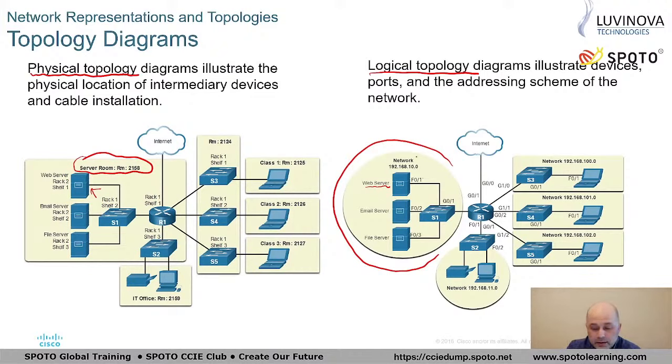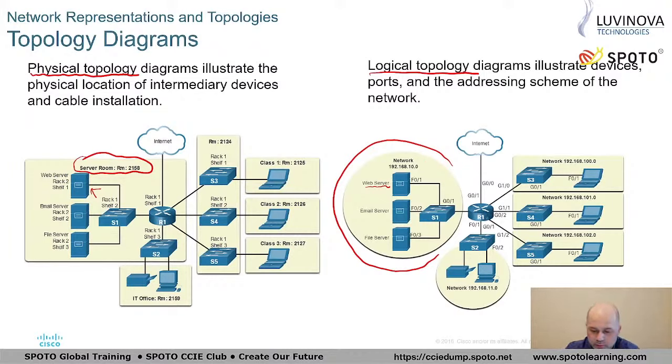And of course, the network address of the entire network. Of course, you can also put every single IP address of every single interface, but the map will be really detailed, and sometimes it's not necessary. It's going to be too complicated to read.